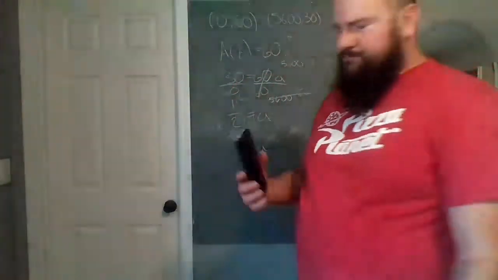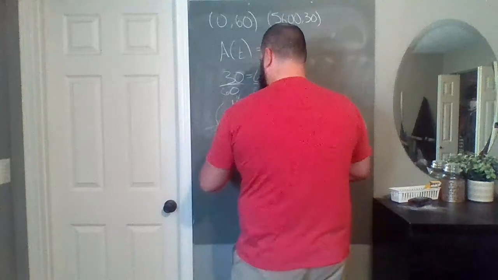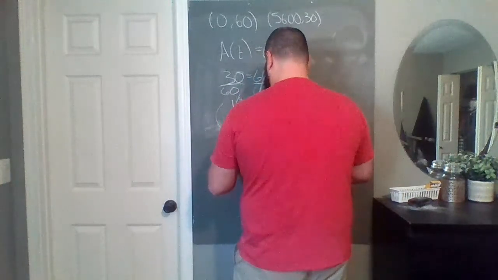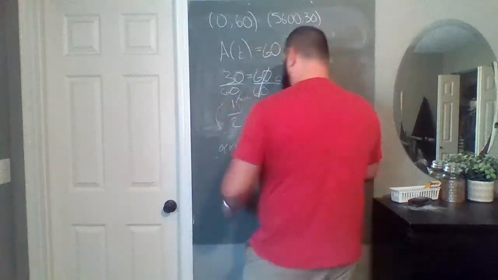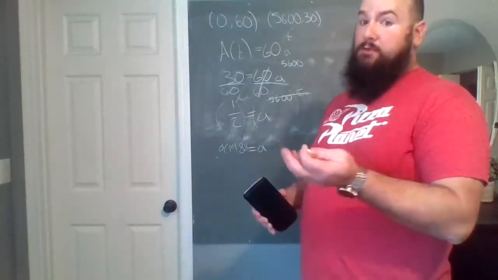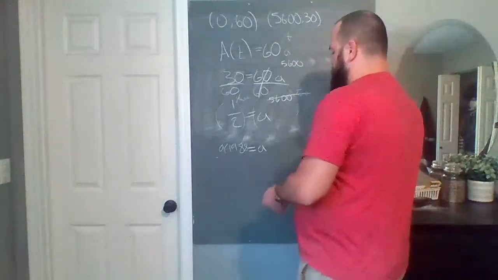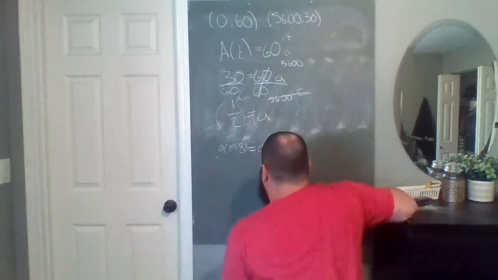Now, when I'm going to write this down, I'm just going to write 0.99988. Some variation, right? We don't want to say it's 1, because that's not right. So my final function, let's go down here.